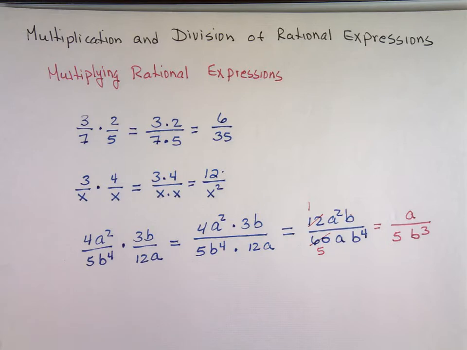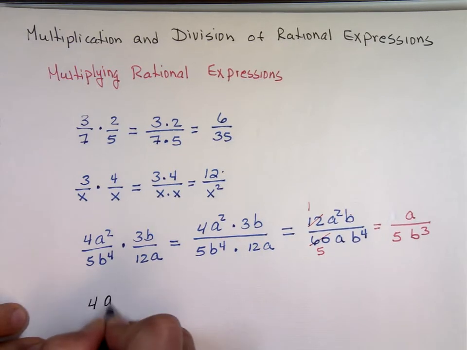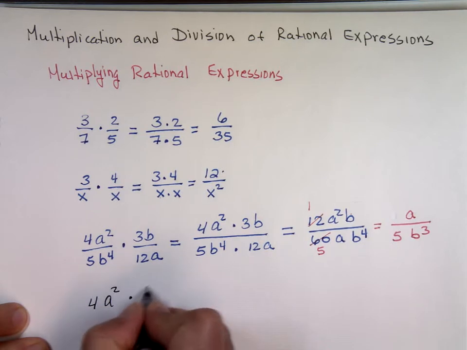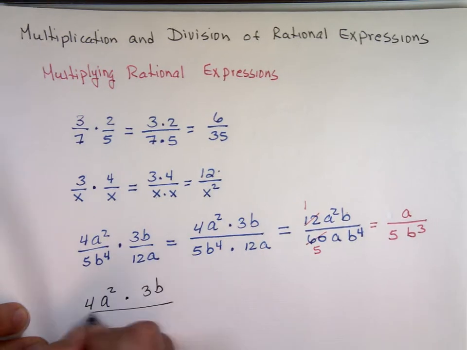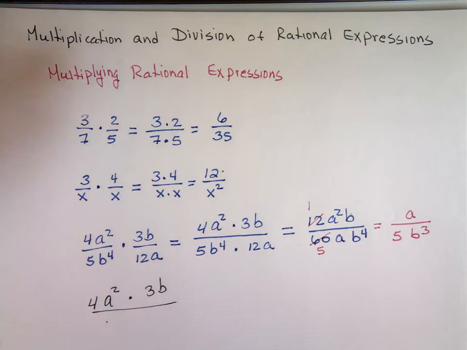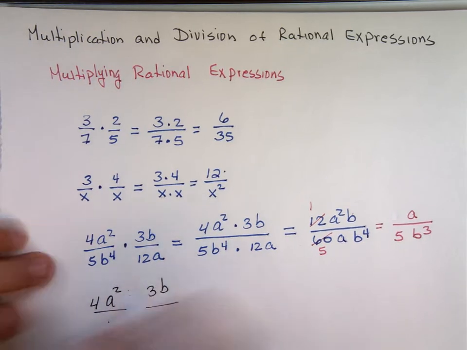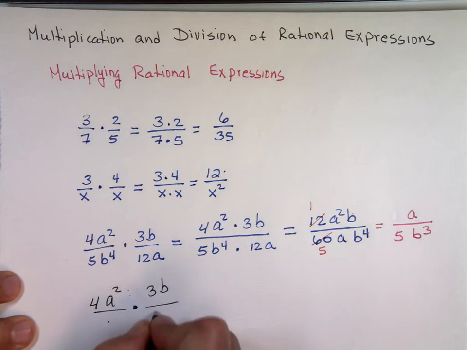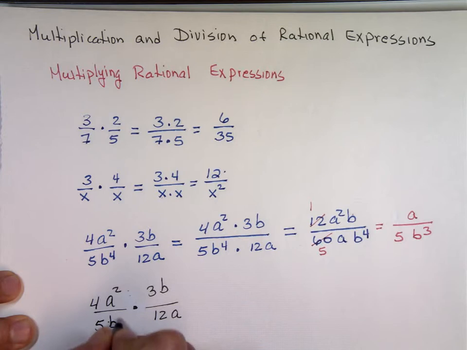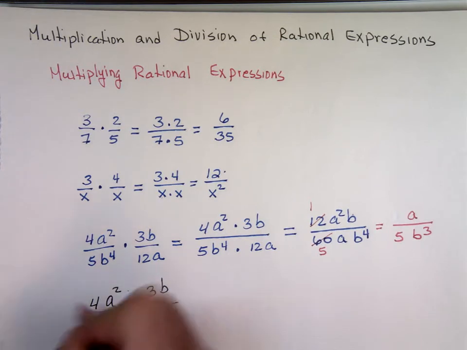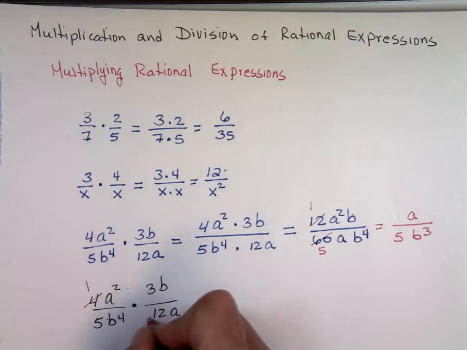Now, instead of dealing with big numbers, some people like to simplify first, then multiply. So they go, by 4 this is 1, by 4 this is 3.